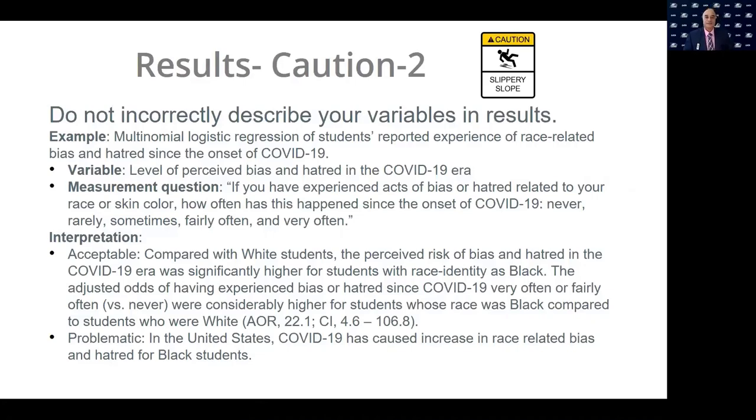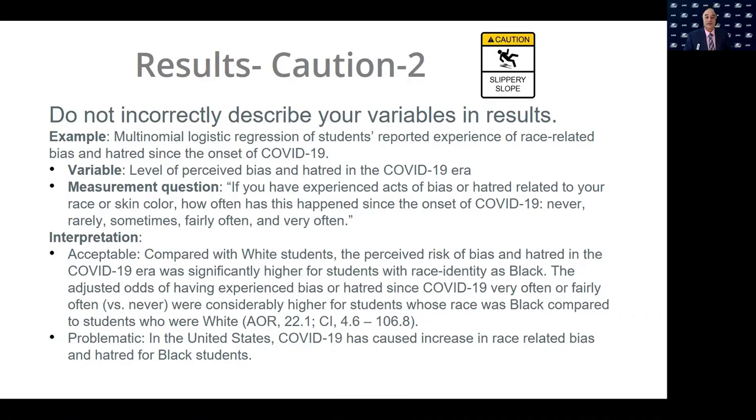Okay, so here is one slide about making your variables and your results coherent or aligned with each other. A lot of times, some of us, students, others, rookies, make a mistake, and that is they forget what the measurement was, what was the variable, and then when they are describing the results, they just end up describing something different.